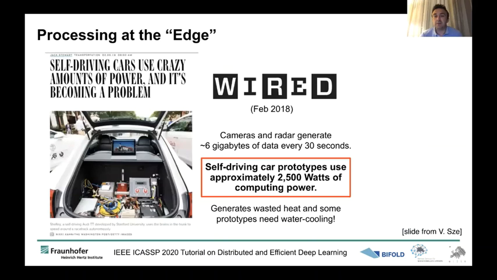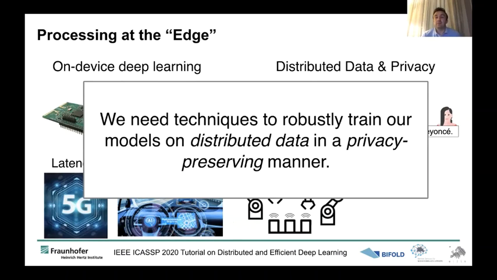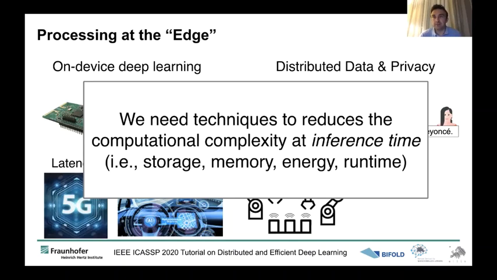So we need to train things locally. We need to reduce the computational complexity at inference time, and we need techniques to robustly train our models on distributed data in a privacy-preserving manner. So instead of sending all the data from different parties to a central server, we need to develop techniques to train models locally. And then if we want to execute these models locally, we need to reduce complexity at inference time.